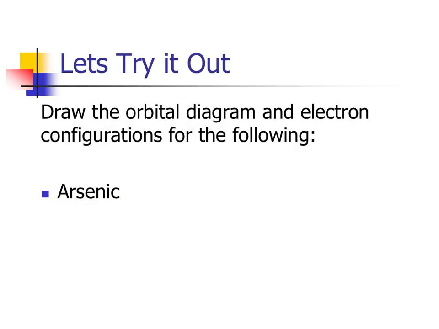Now looking at arsenic. So now we're going across some things. Still in the 4th row, but this time we are now in the P block, so it's going to end with 4P.